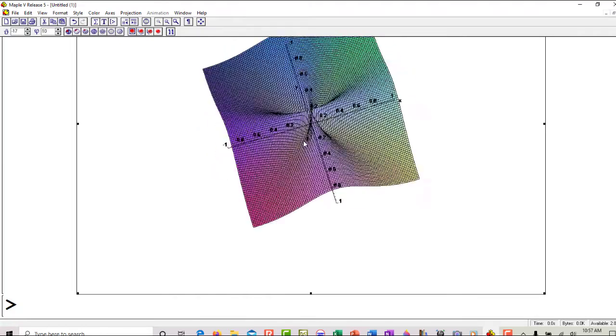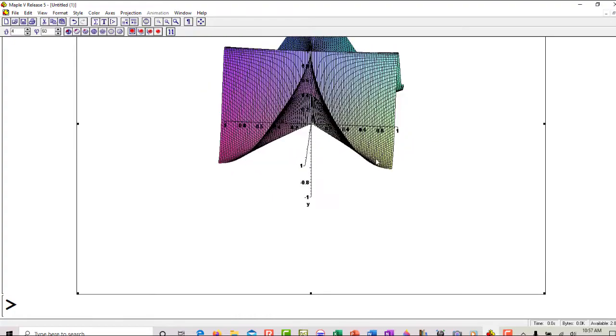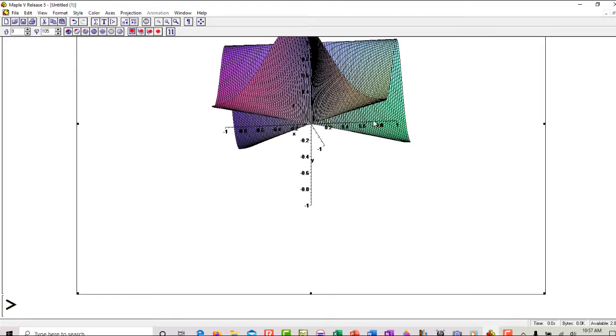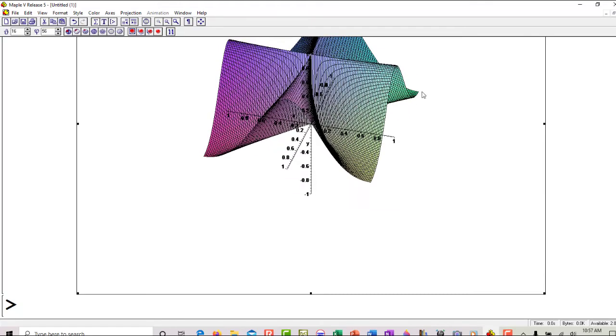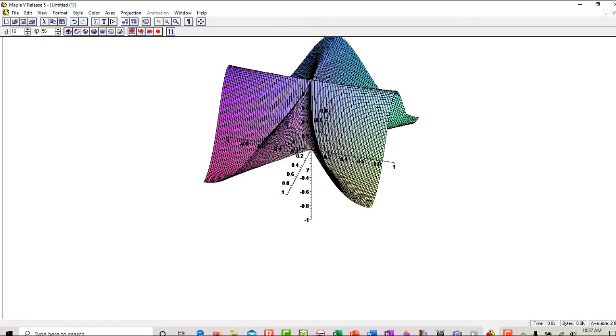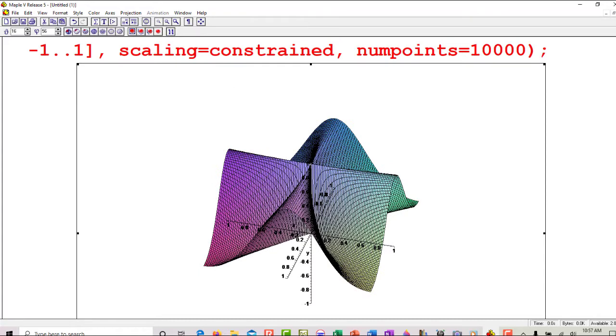Along the 45-degree lines, you get 0. Looking from below, you get 0 on the 45-degree lines. Explaining why, in this case, the limit does not exist as you approach the origin. What you get depends upon how you approach the origin, on what paths.